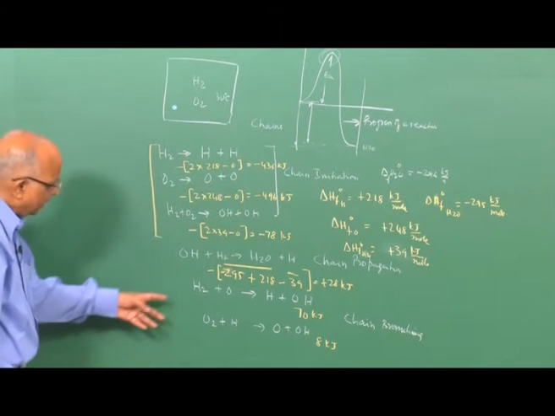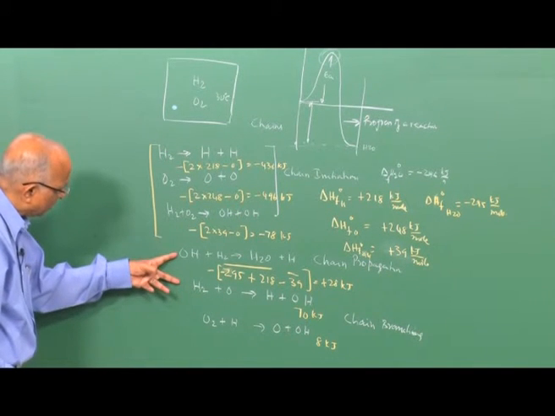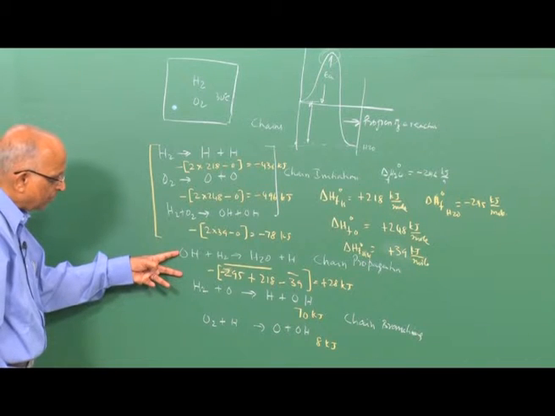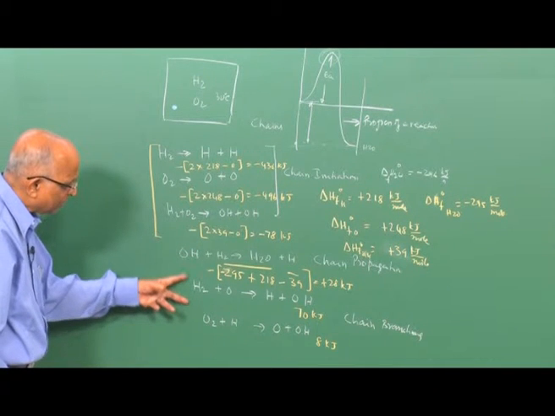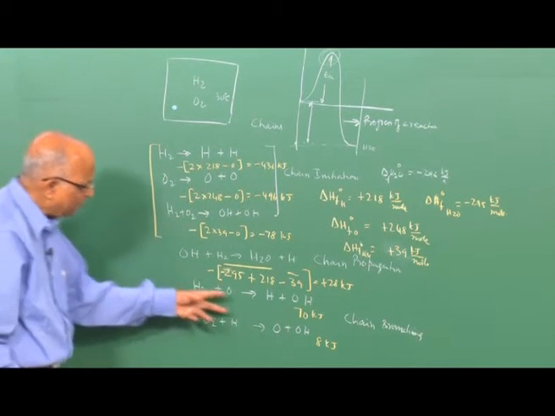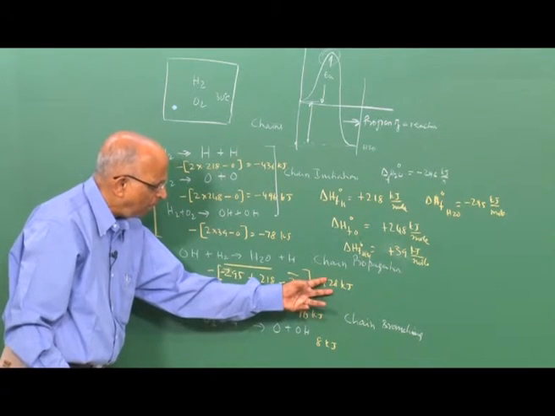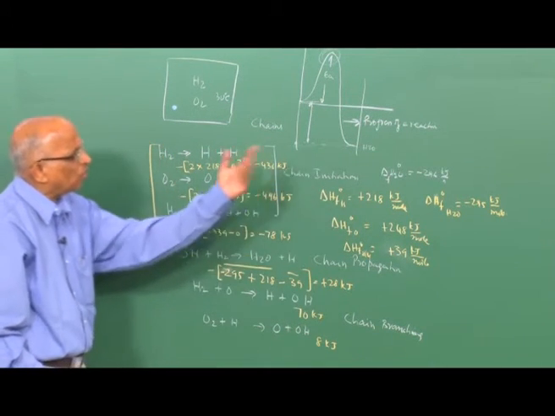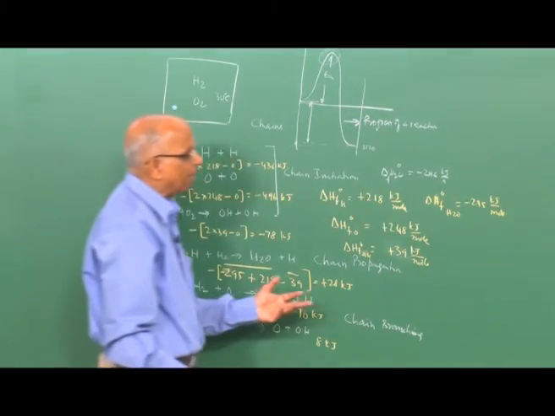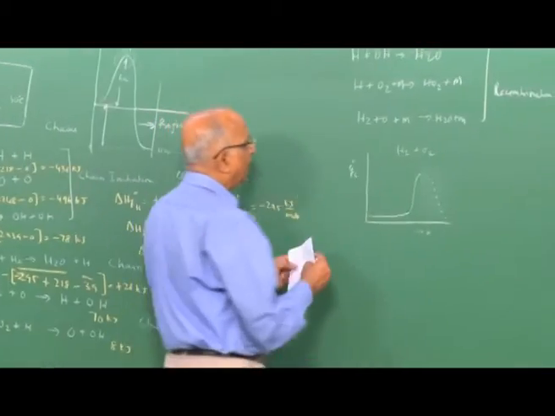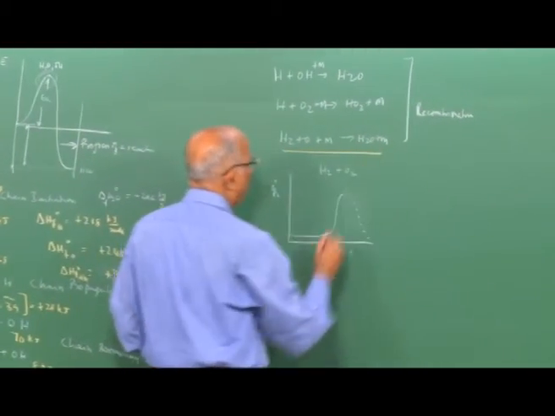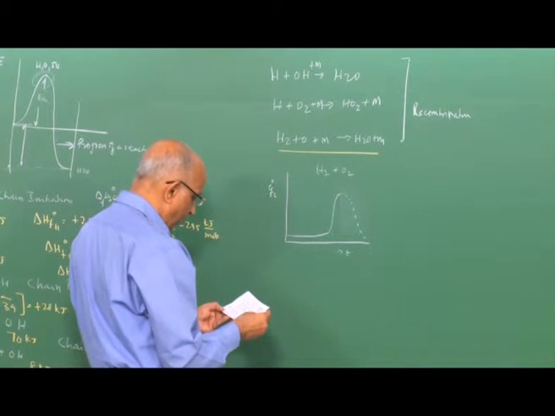Well, we find that these three, the chain propagation and the chain branching reactions, are exothermic, but the exothermicity is small. How do I say it is small? Let us work out one or two cases. Let us find out the exothermicity of a reaction like H2 plus O plus M equal to H2O plus M.